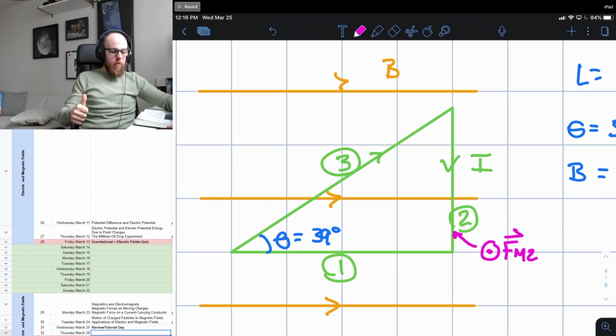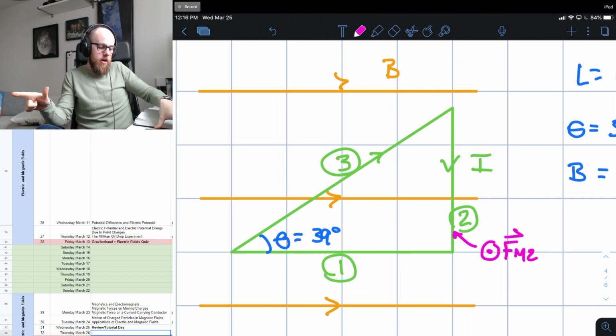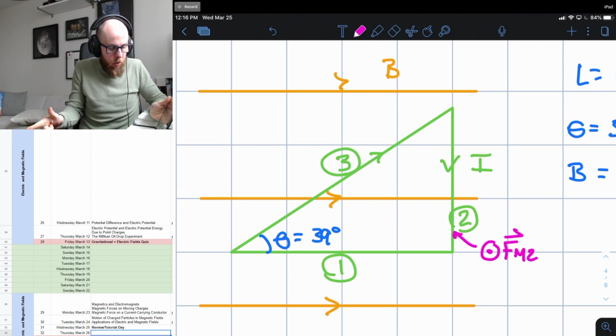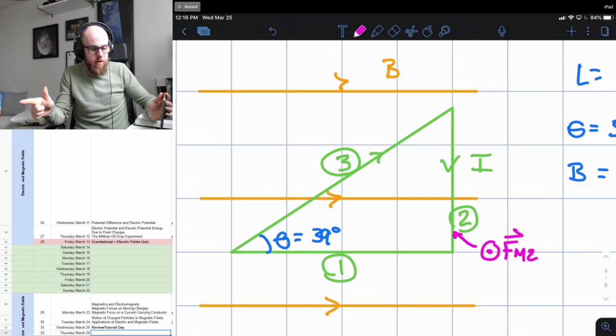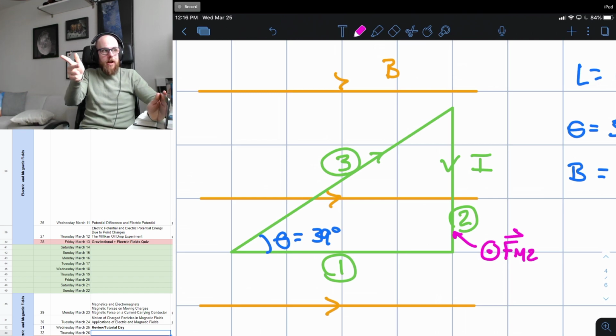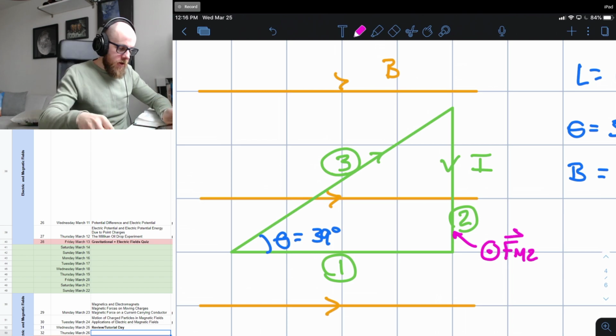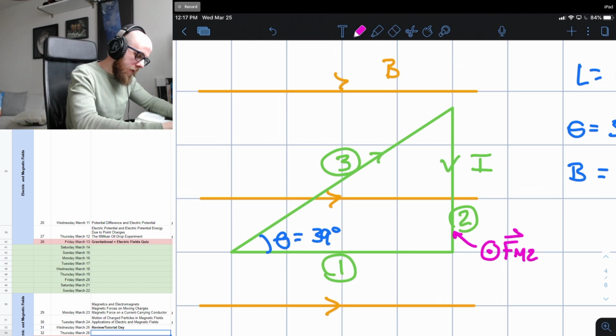My thumb is going to point in the direction of the current, my pointer finger is going to point in the direction of the magnetic field, which means my middle finger points in the direction of the force. So in this case, my middle finger is pointing into the monitor, and that tells me that F M3 is going to be pointing into the monitor.